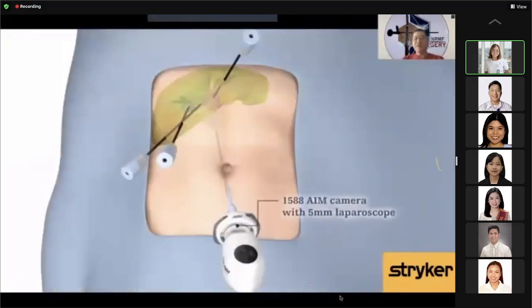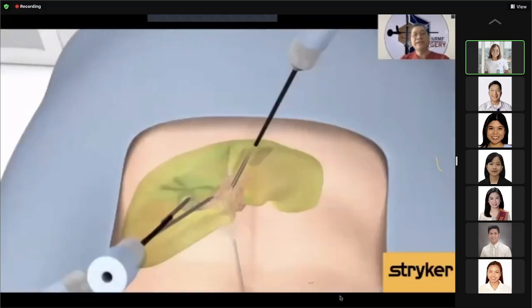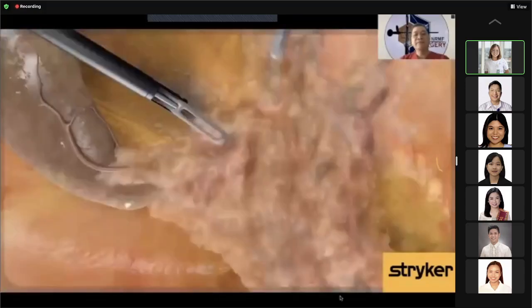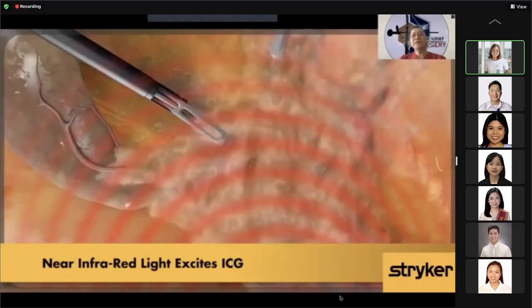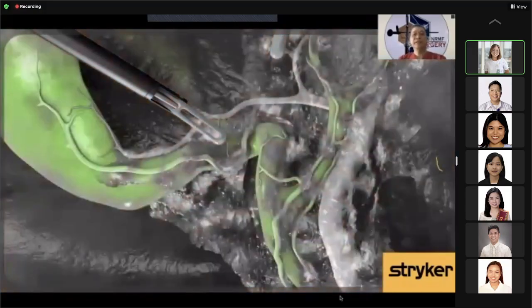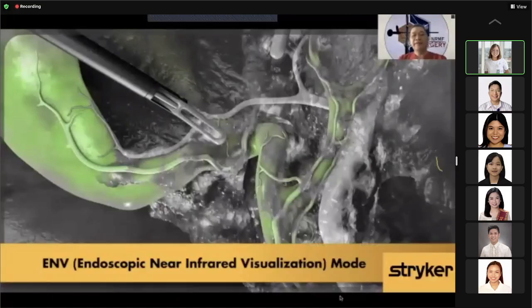So during the procedure, your gallbladder is colored. So ibig sabihin, you have to dissect within the colored areas. And also, it uses different light. This is an infrared, no? The infrared image. You can see the bile duct, the gallbladder.